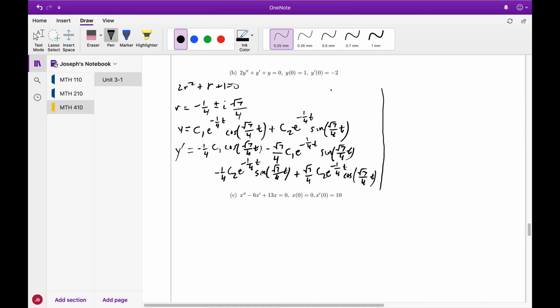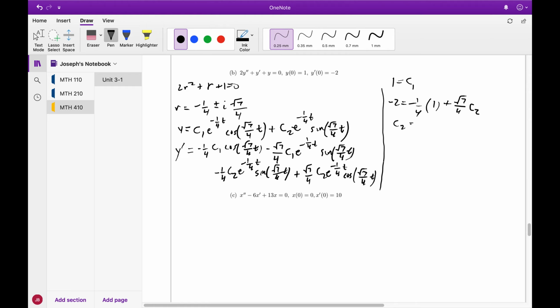And so now what you would do is plug in 0 into y, and that will give you 1. So it looks like 1 equals c1. And then you would plug 0 in to y prime, and that's supposed to give you minus 2. That's minus 1/4 times c1, which is just 1, plus root 7 over 4 c2.